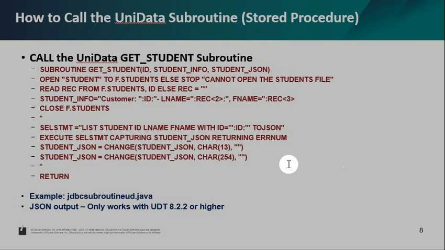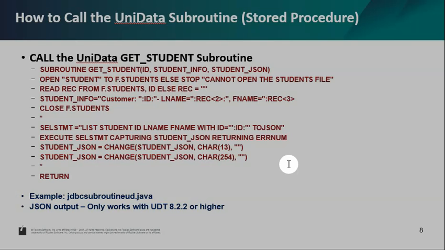Another demo shows how you can use the JDBC client to call a UniData subroutine. I created one simple subroutine called getStudent. In this subroutine, I demo two things. One is that you just provide the ID, here the student ID.